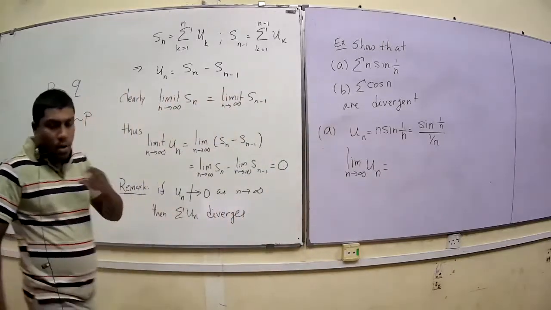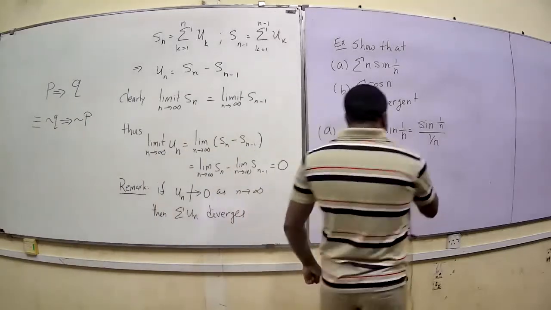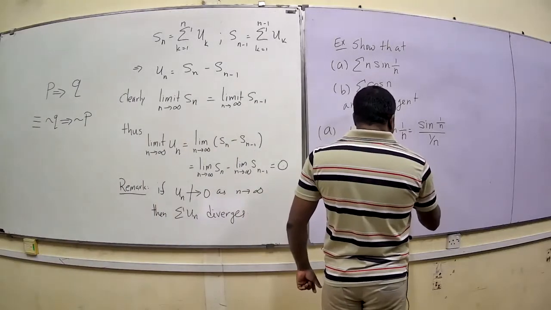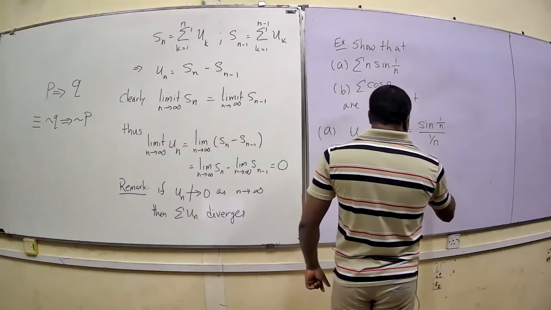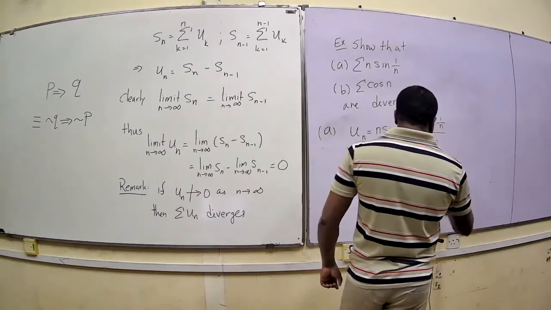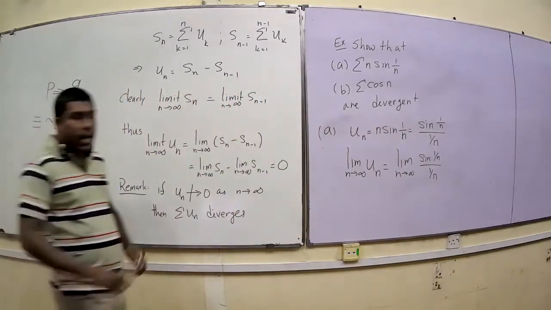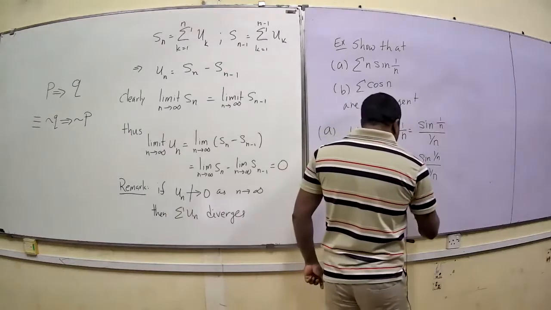When you take the limit of n going to infinity, u_n is the limit of this, so this is basically equivalent to this.